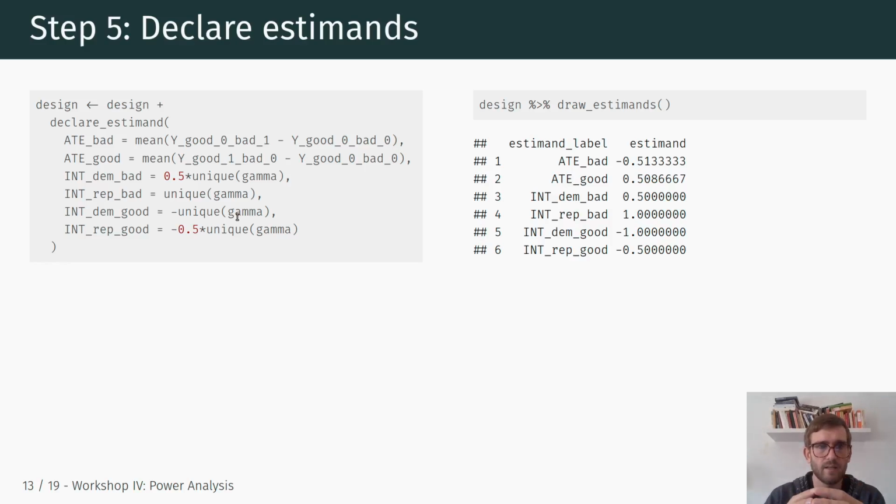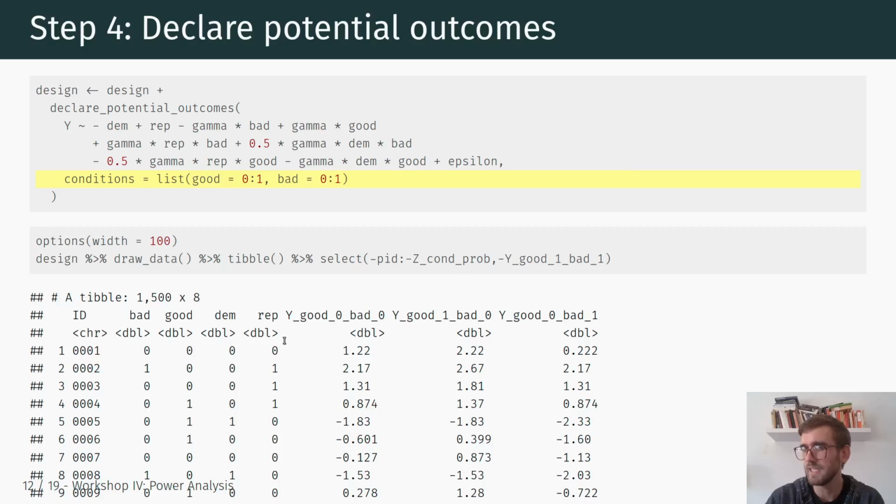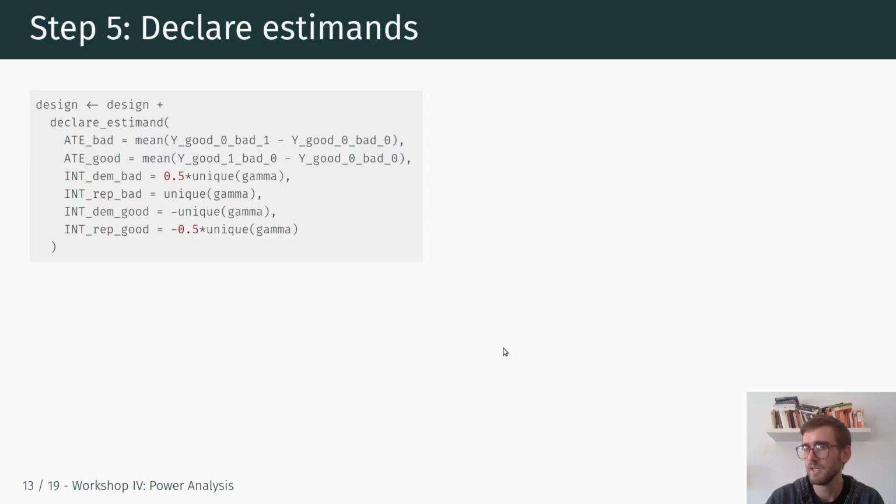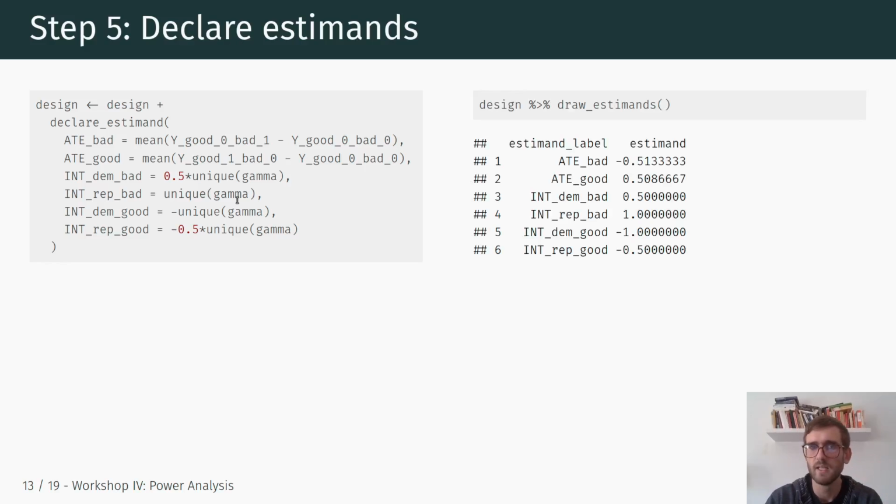So based on that, if we add this to the design, rather than draw data, we can now draw estimands. And the estimands are now basically, given the data that we have and given the potential outcomes, and the specification of the estimands that we want to learn about, we can now compute the true, if the fundamental problem of causal inference didn't exist and we could observe all potential outcomes, we can directly compute these average treatment effects as the differences between the actual potential outcomes for the negative treatment, for the positive treatment, and for these respective interactions.